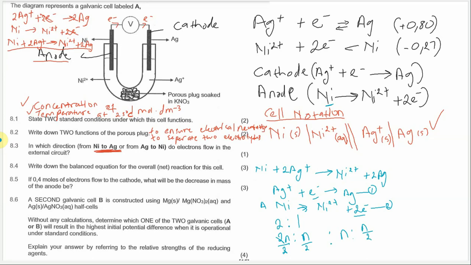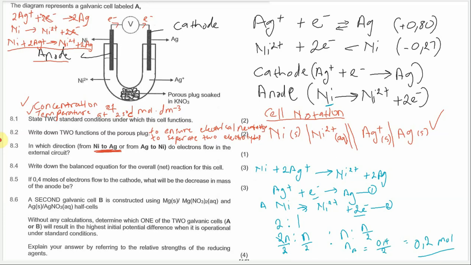So n anode is equal to 0.4 divided by 2, and this will give you 0.2 mole.